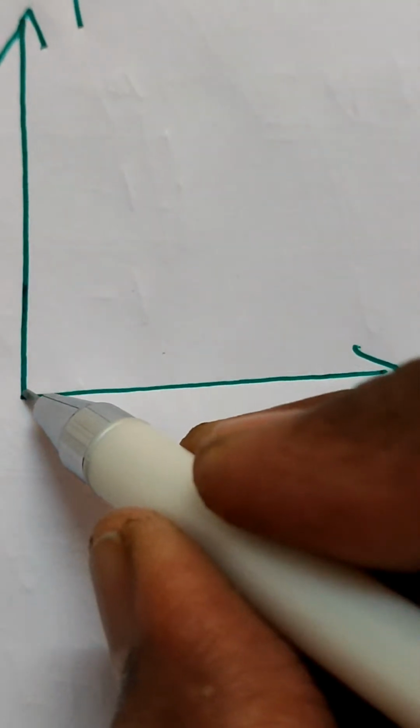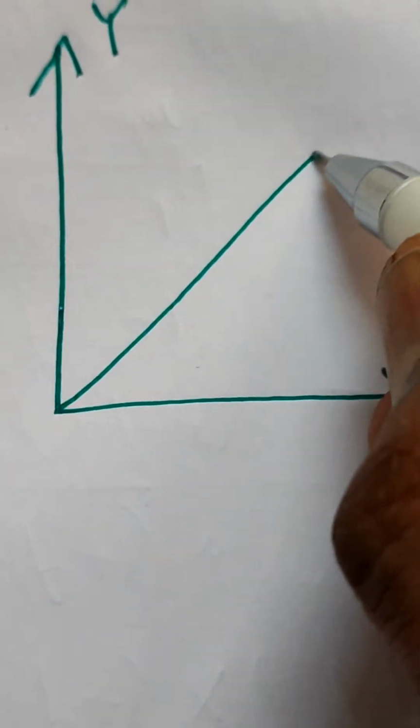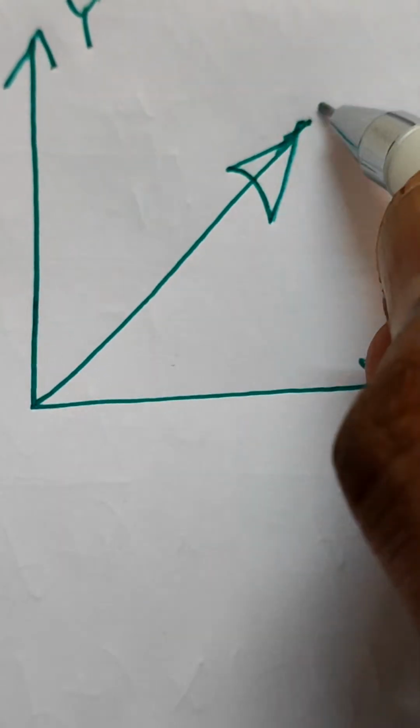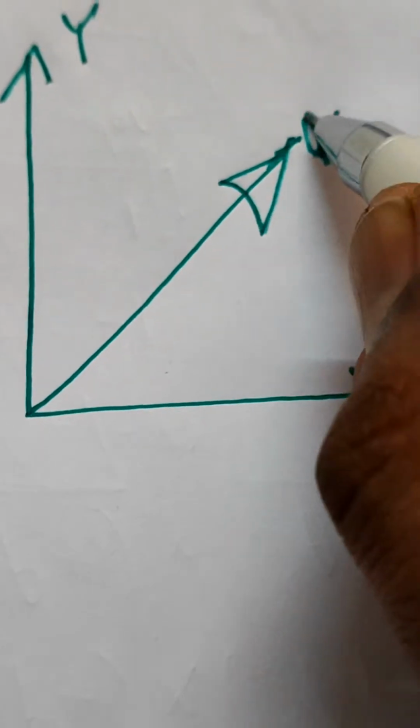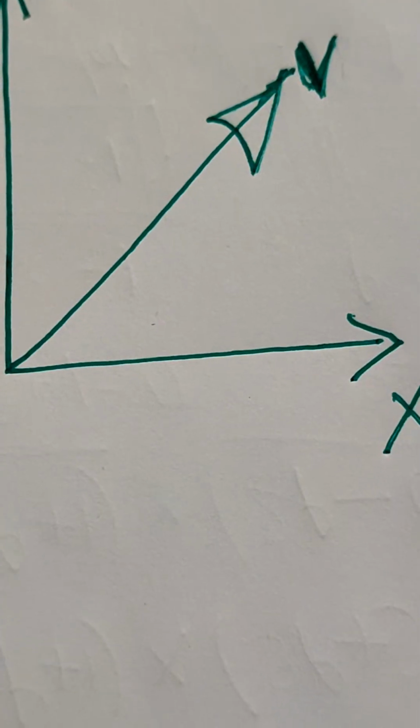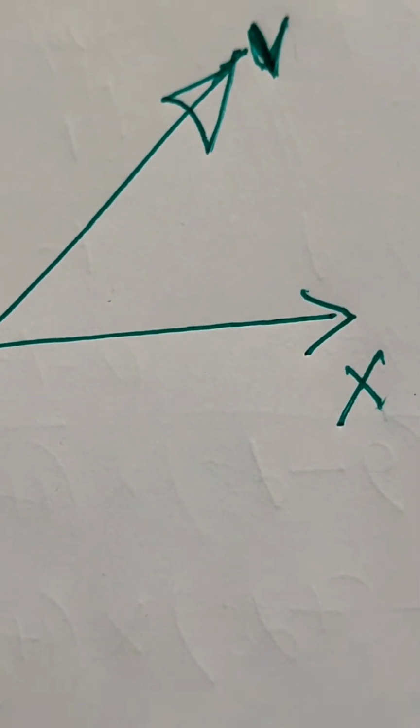Let's say this is the electron whose velocity is represented with this arrow.